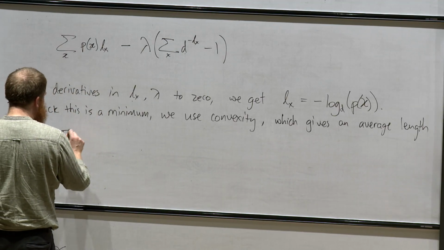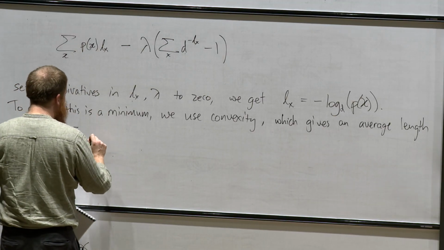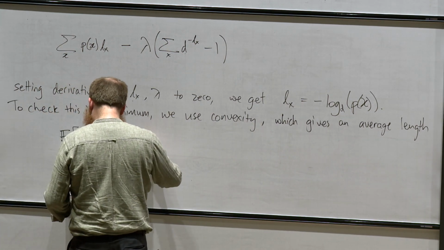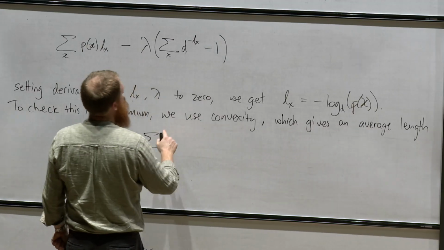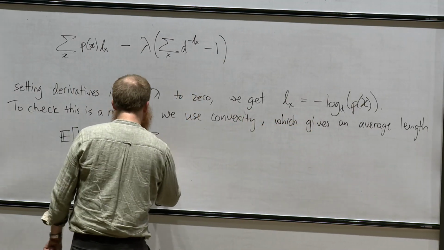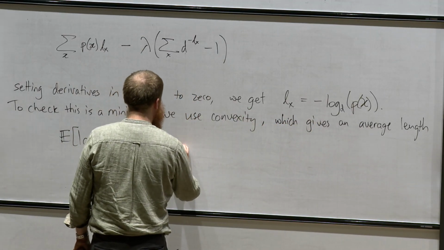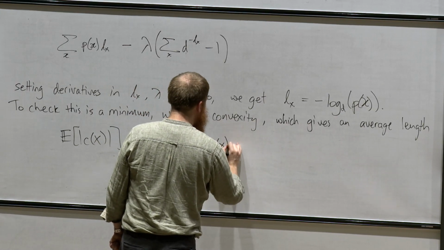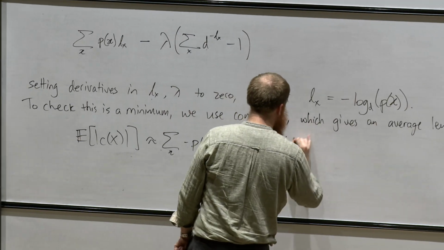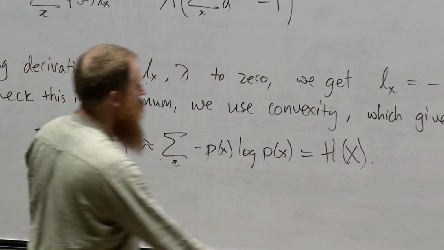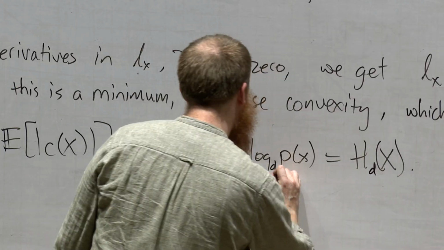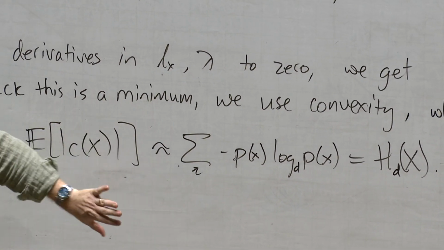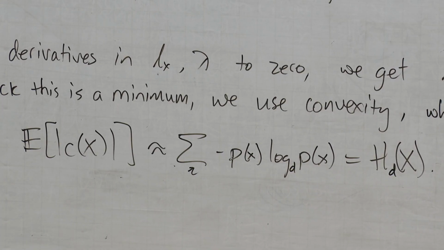Well, the expected code word length should be approximately, well, the code word lengths are these, so the sum over x of minus p(x) log p(x), which is the entropy of X to the base D. So I get my entropy coming out in a fairly easy way.